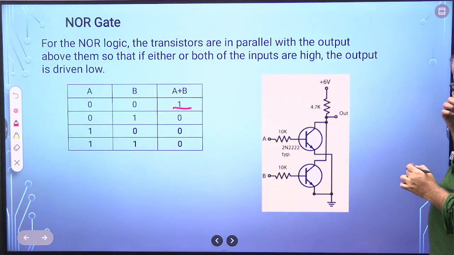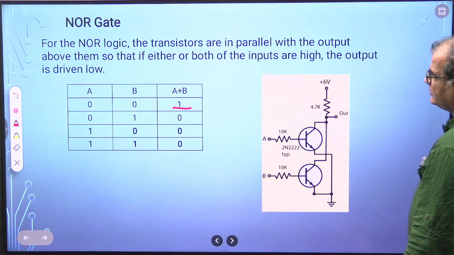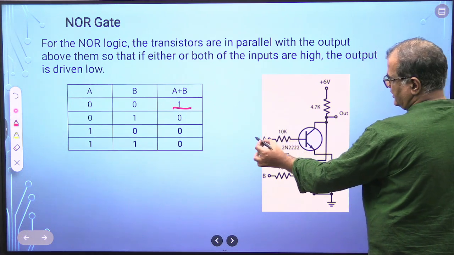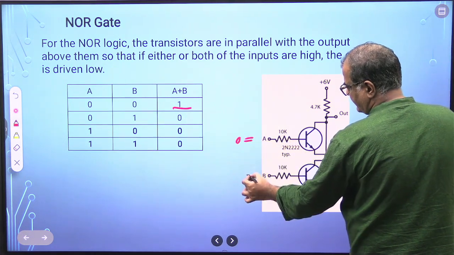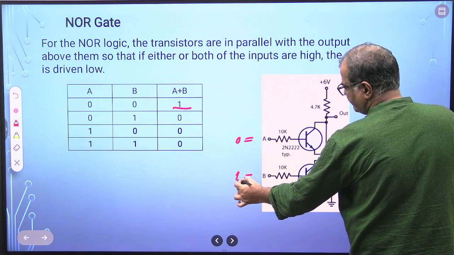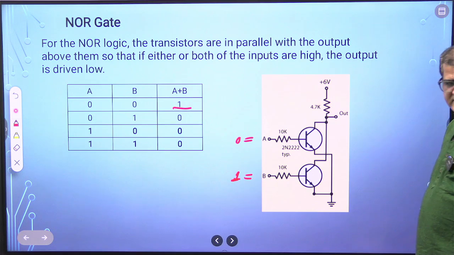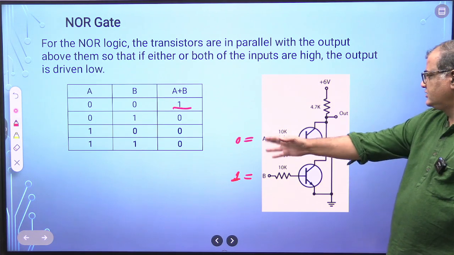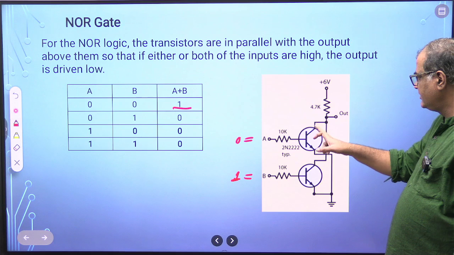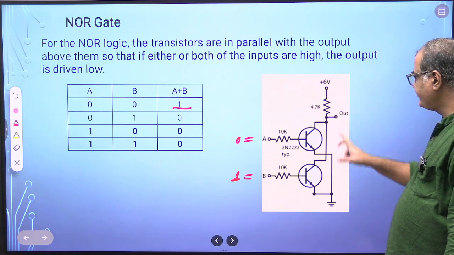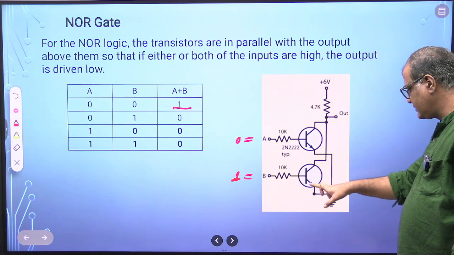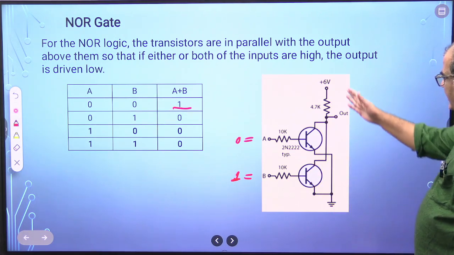Since there is no current, the output will be high. Now if the inputs are 0 1, this is 0 and this is 1, then which transistor will conduct? This one will conduct. If this is 0, this transistor is not conducting, so this path is not available, but this path is available, so current will flow.